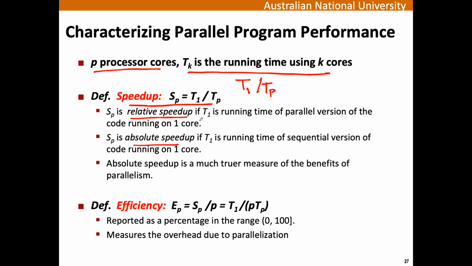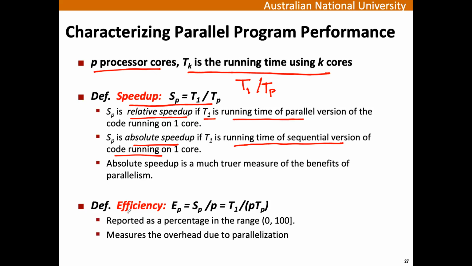We call it relative speedup when T1 is the running time of the parallel version. It's relative to the parallel version. And we say absolute speedup when we find the best sequential version of the program with no P and V operations, nothing, right? So this is how we quantify the speedup of parallel programs.